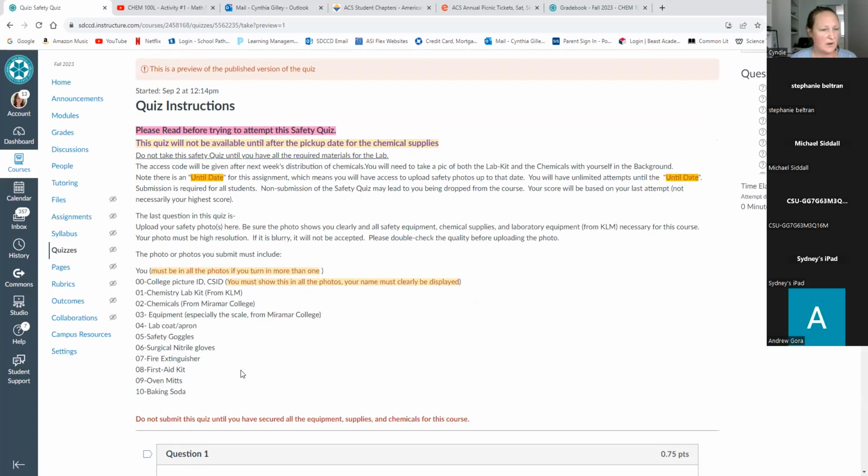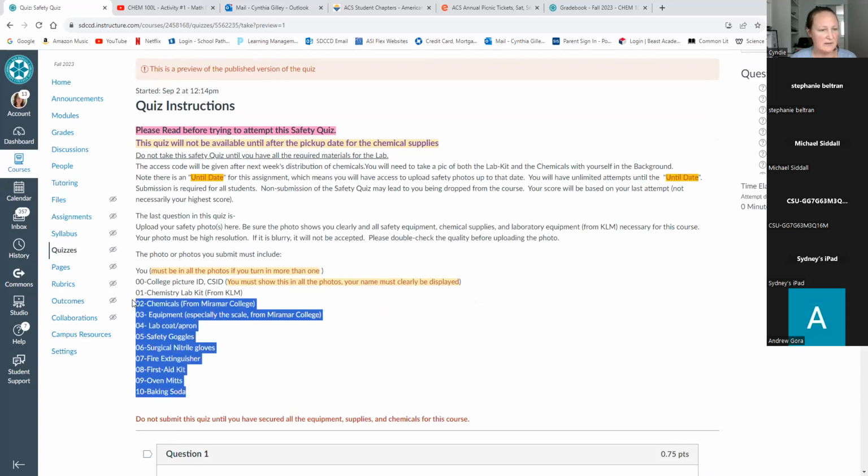It talks about, and I put this in an announcement, all the things that you need for the quiz. So it's not just the glassware kit and the chemicals from Miramar, but that is important, and I'll be looking for that. But you also need some baking soda, some oven mitts, a first aid kit, a fire extinguisher, and so on.